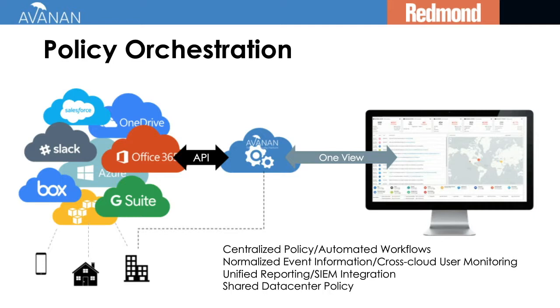But one, that may not be scalable when it comes to deploying policy within your IT environment, but there may be policies that you want to apply across your SaaS, or more importantly, there might be policies that you would like to apply but can't be applied given the tool sets inherent in the environment. And this is where our deep integration with each SaaS gives you the ability to centralize policy, normalize information, and then integrate that with your data center, your IT team, so that you can report and manage the cloud as if it were just another data center in your environment.